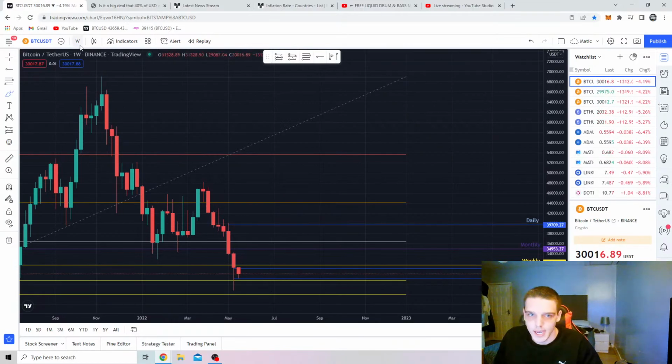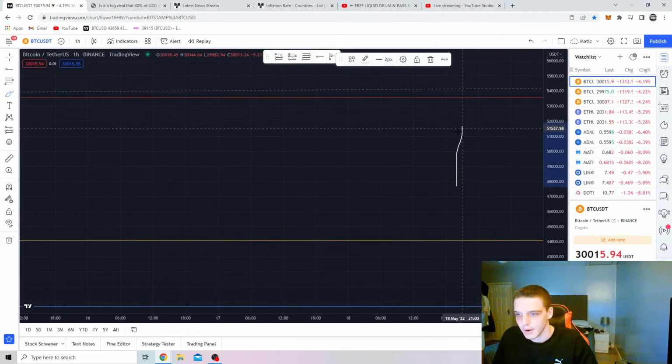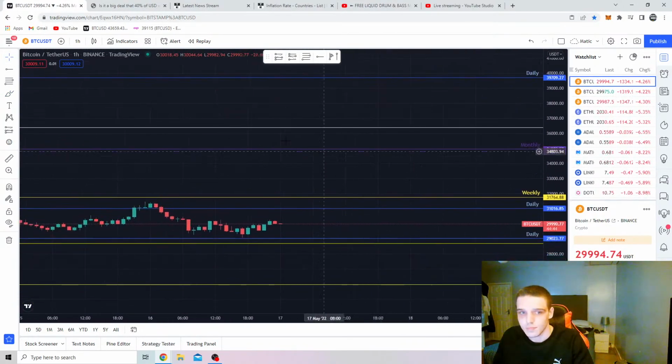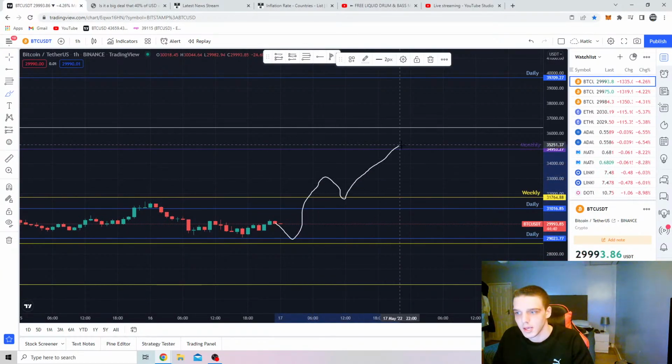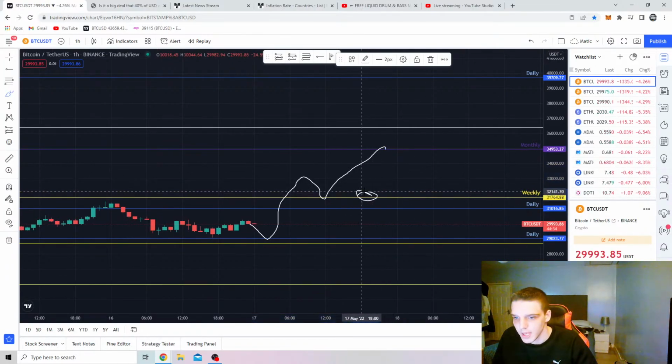Reclaim that 31K area and backtest it. Boom, boom, come back down, and then we can start to look for higher and higher levels. That will be at least this level here, the 31K, if we can reclaim that level and then come back down.